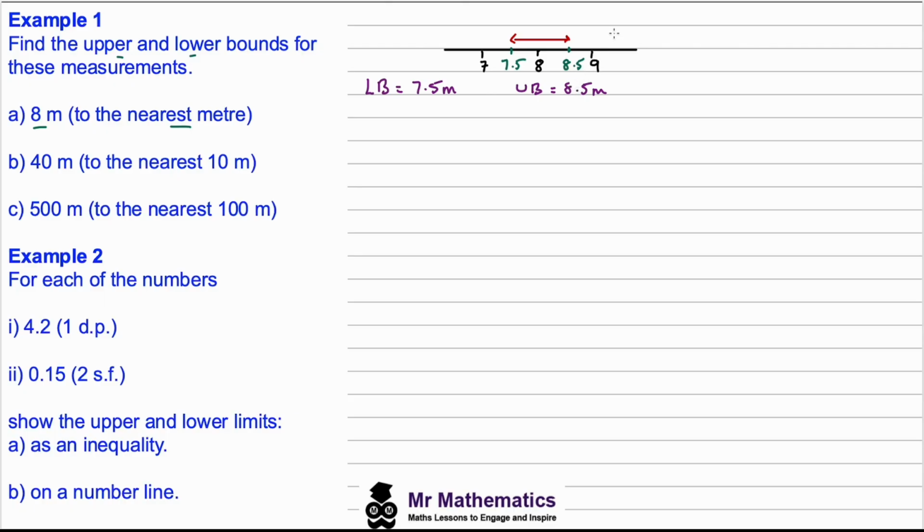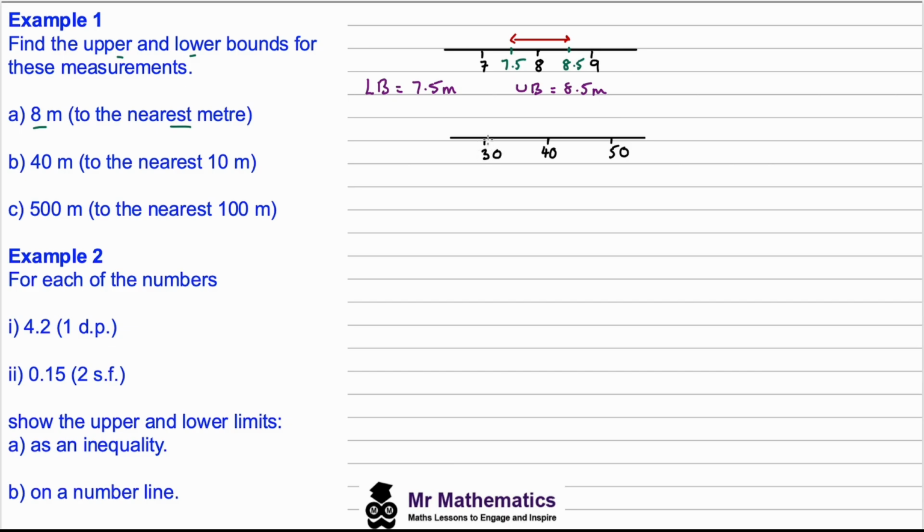For question B, a number has been rounded to the nearest 10 as 40 meters. So again, we draw the number line. This time 40 goes in the middle. And what two numbers do you think go on either side if you're looking at to the nearest 10? Well, it's going to be a 50 and a 30.